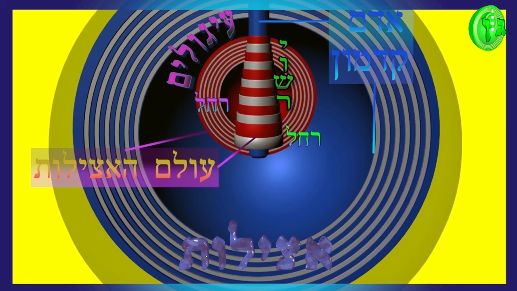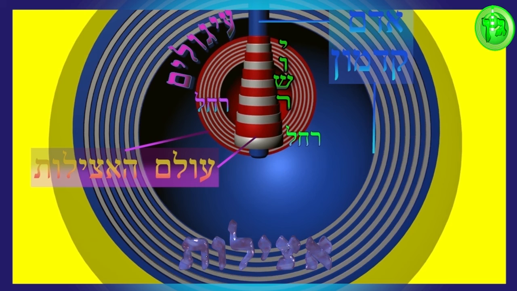And that's because the rule of thumb regarding the linear aspect of the worlds is that the higher spiritual element is always situated within the lower spiritual element. Completely the opposite from what we just learned regarding the realm of the circular Igulim. And what's the reason behind this dramatic change?